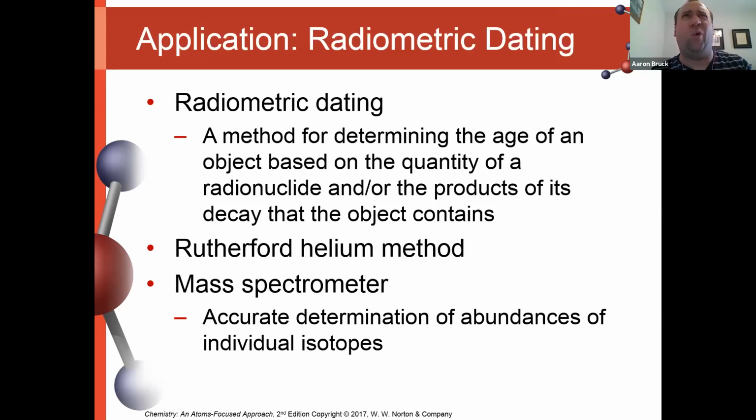But roughly 0.01% of the carbon that you take in is carbon 14, which is radioactive. Now, carbon 14's radioactivity is nothing that's going to really harm us. It's a beta emitter. It's a relatively slow beta emitter, on the order of a couple thousand years for a half-life.